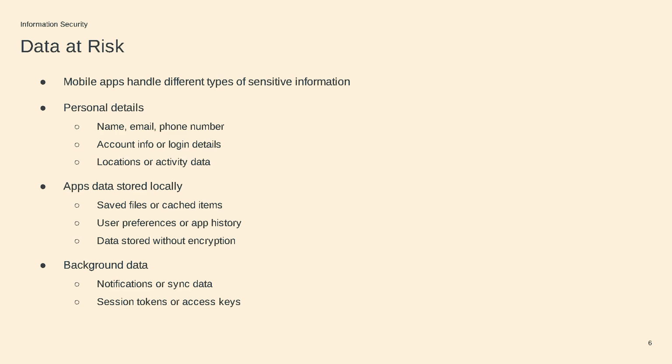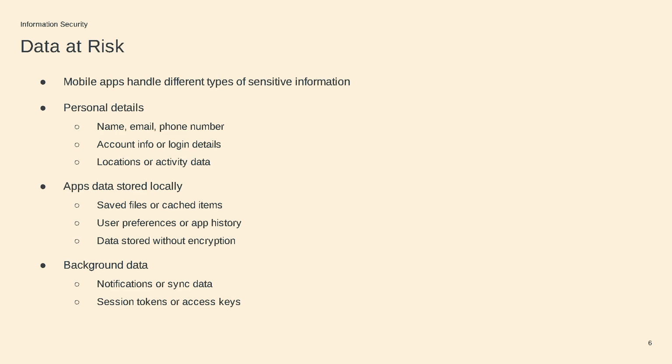Apps usually store some data on the device to make things run faster, like I said, and work offline. If this local data that's stored on the device isn't protected, it becomes an easy target for attackers, like saved files, cached items, and app history, and everything stored without encryption can be misused.